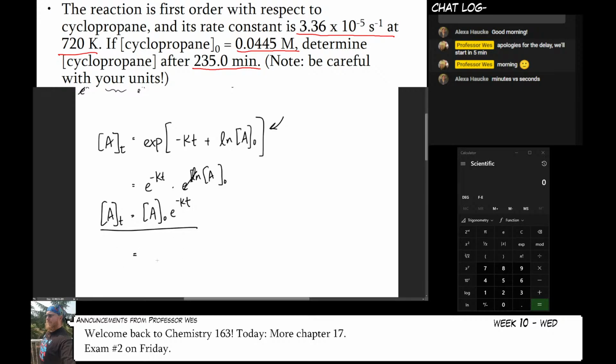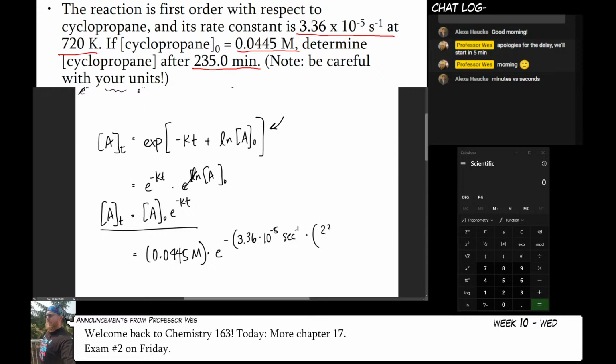So how much should we start with? We started with 0.0445 moles per liter times e to the minus k. So what is our k? 3.36 times 10 to the minus 5 per second times 235 minutes.